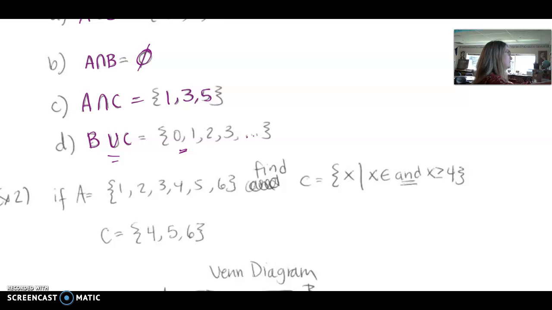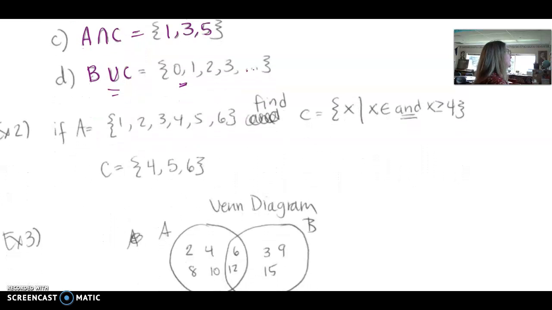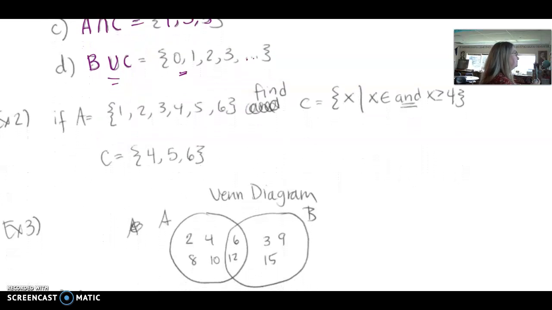Okay, so let's look at another example here. If A is the set with the elements 1, 2, 3, 4, 5, 6, let's find, so here we have to determine this notation. C is the set of all values of X, and the X values that are elements of, oh, I missed something here.